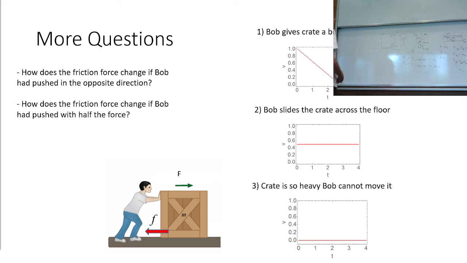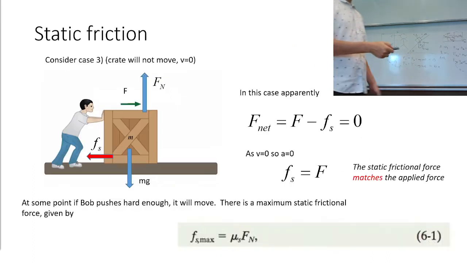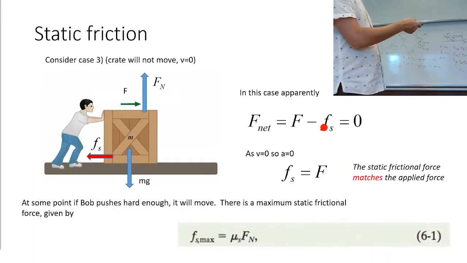So from the fact that v equals zero for all time, we can figure out that a is zero, and then from a being zero you can work out that the total force is zero. Because the total force is F minus little f, so little f must be the same as big F.